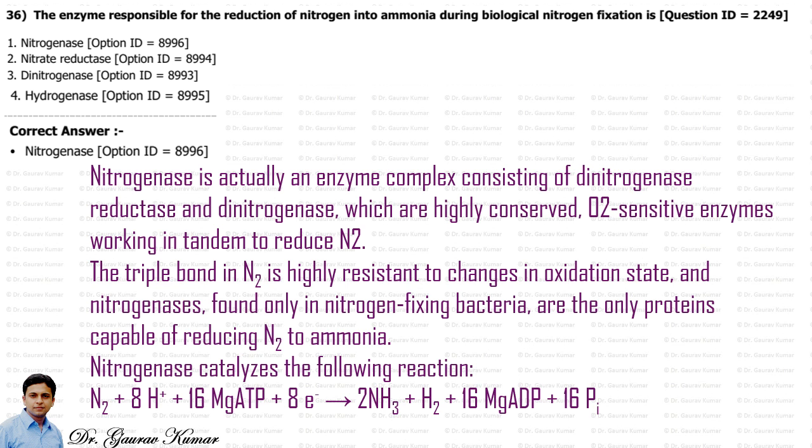The triple bond in N2 is highly resistant to change in oxidation state, and nitrogenases, found only in nitrogen fixing bacteria, are the only proteins capable of reducing N2 to ammonia. The reaction that nitrogenase catalyzes is given here.